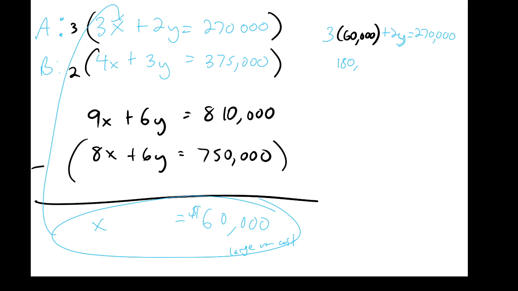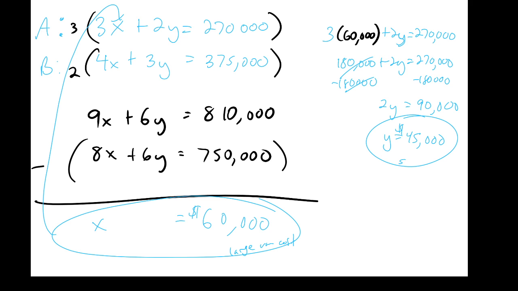So 180,000 plus 2y is going to be 270. So minus 180,000. 2y is going to be equal to 90,000. So when we divide by 2, y is going to be equal to 45,000. And this is going to be our small van cost.